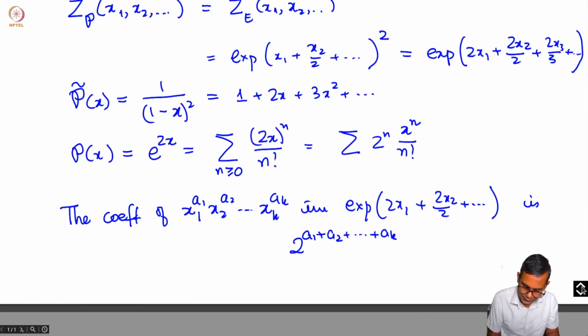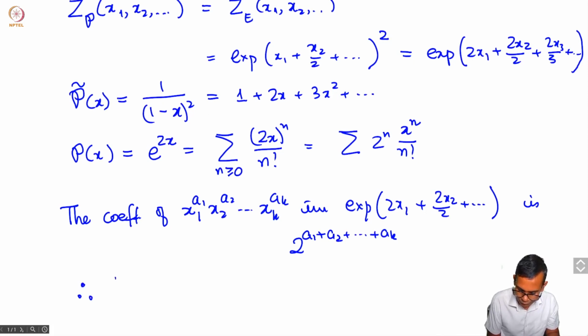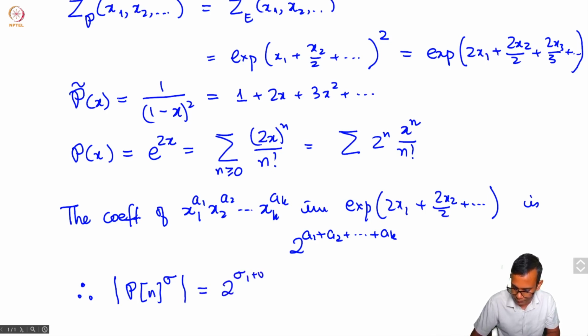Therefore, what it says is that the number of fixed points of P of n under a permutation sigma is just 2 to the power sigma 1 plus sigma 2 and so on, which is the number of cycles.